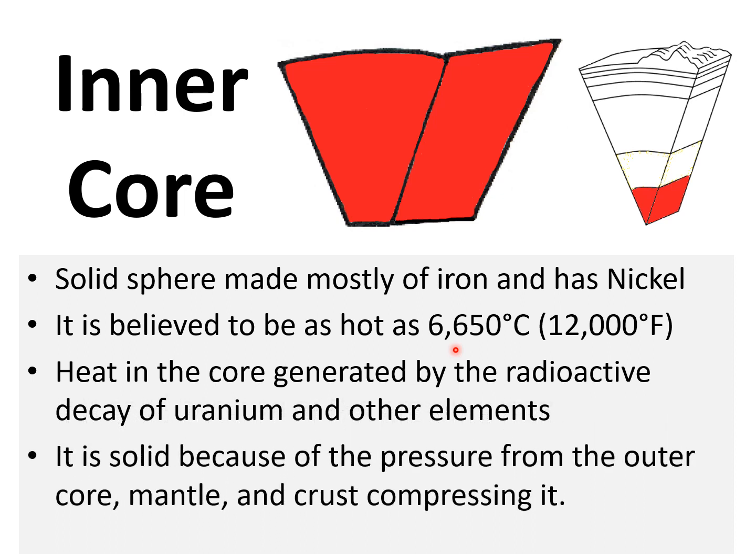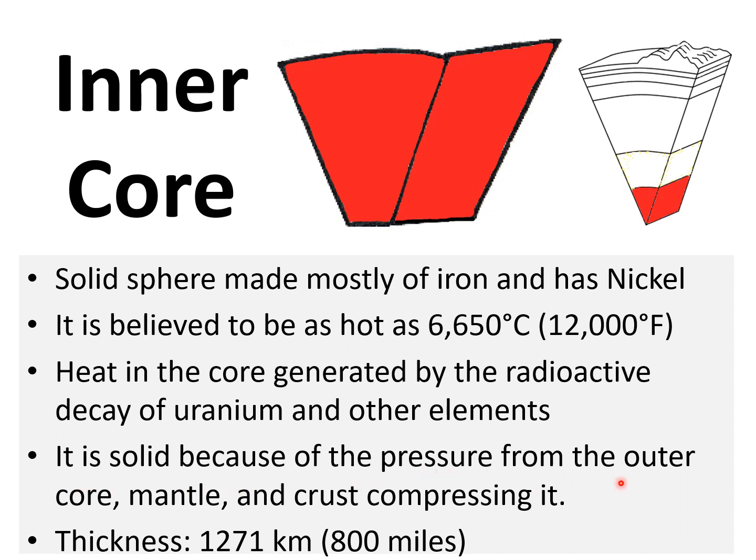What other elements can we find here? You can find uranium, and please take note it is solid because of the pressure from the outer core, the mantle, and the crust compressing it. That's the reason it becomes solid from liquid: the pressure pushing down towards the inner core.